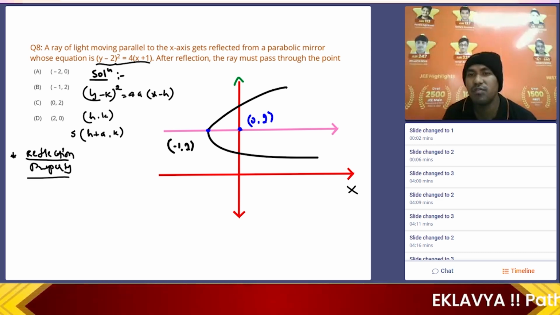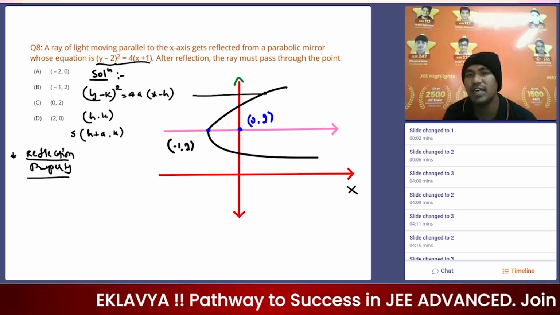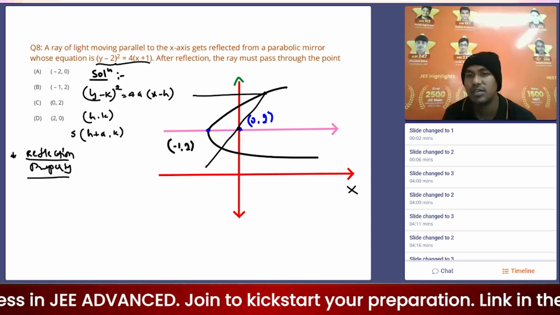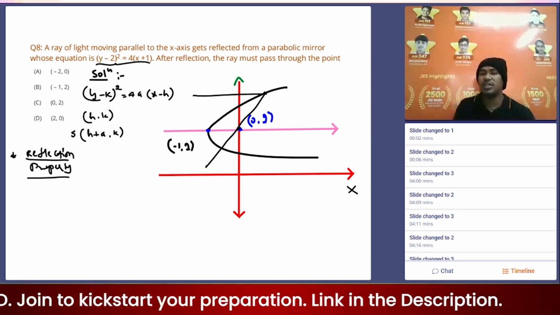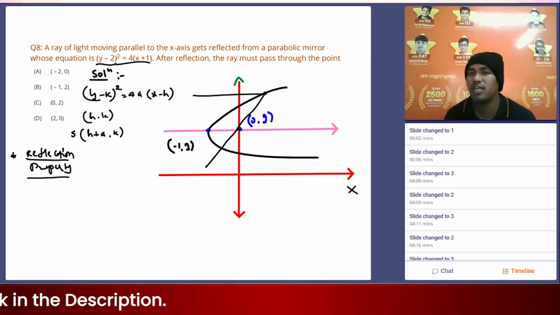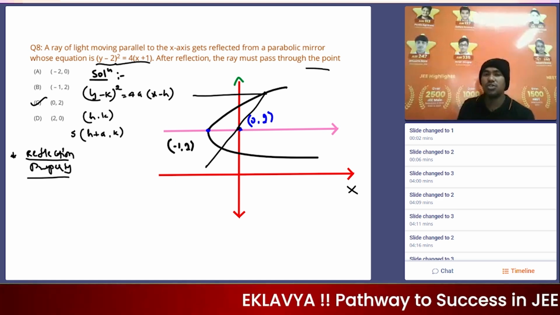Suppose I am sending one ray from here in this way, its reflected ray always passes through the focus itself. This is what we have in the reflection property. That means the reflected ray passes through which point? Focus only. They are asking that point only. What is the focus for this? 0 comma 2. So the answer will be 0 comma 2.